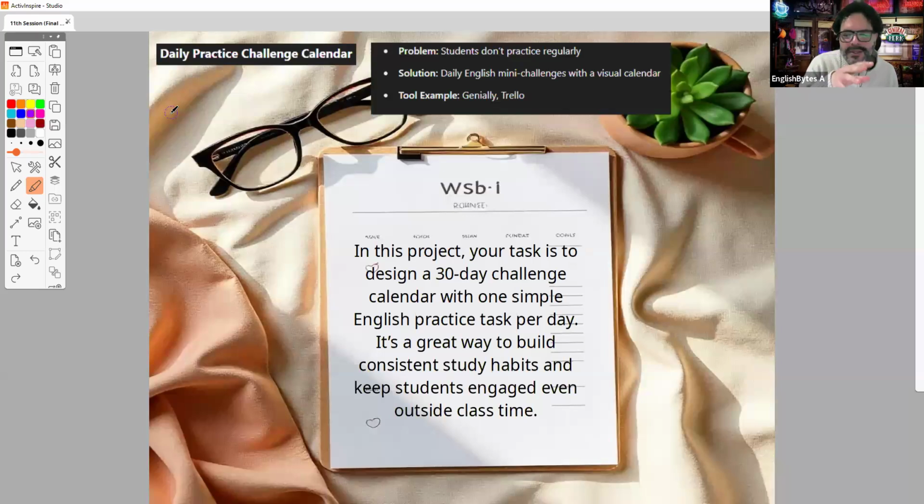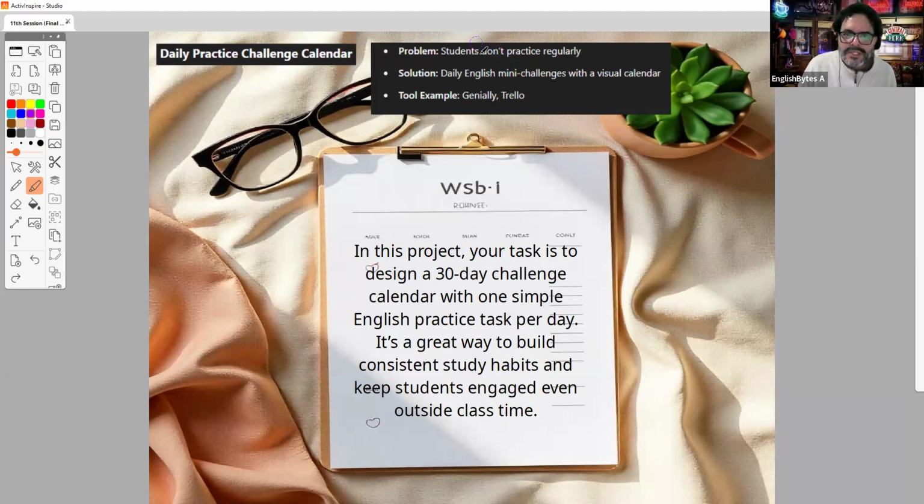This I designed because I was inspired by, for example, Jaxeli, who says, no, I want to practice German because I must. It's not that I have to, I must learn German. Well, a daily practice challenge calendar for English or any other language.